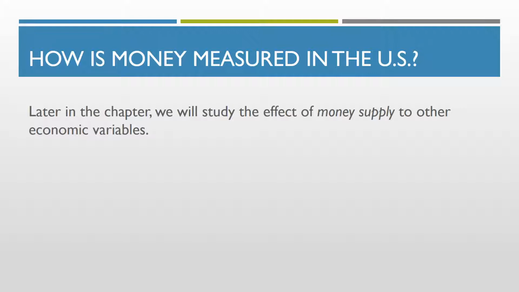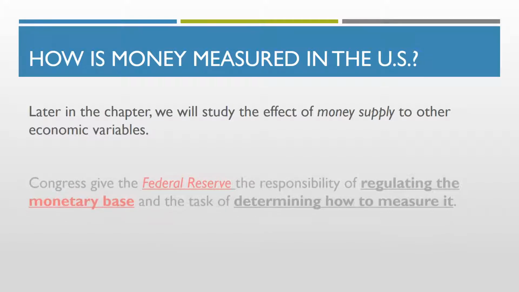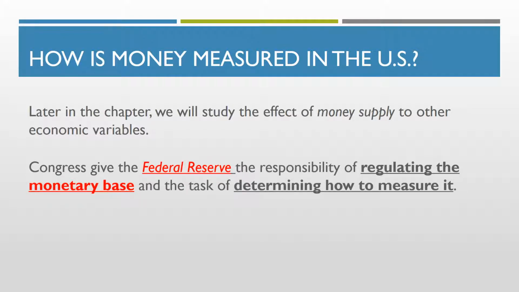To study the effect of the money supply, we have to take a look at the measures of money. Congress gave the Federal Reserve, the central bank in the United States, the responsibility of regulating the monetary base, which is the total currency in the United States, and the task of determining how to measure it.